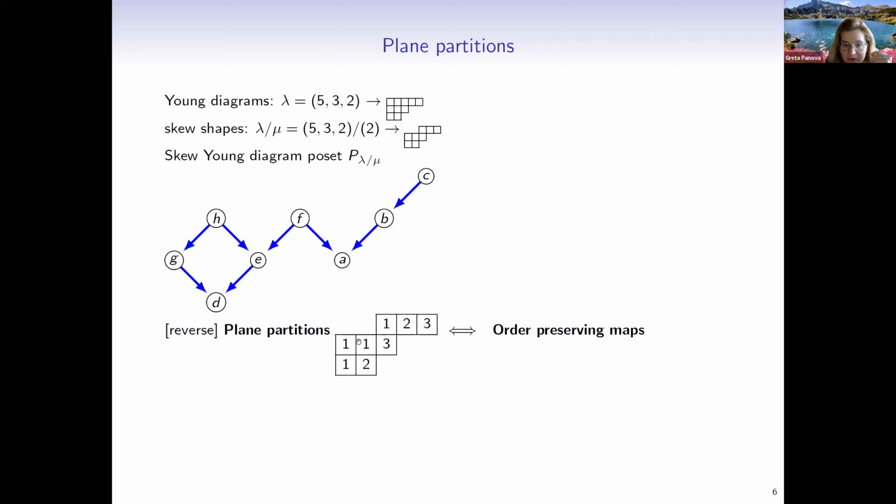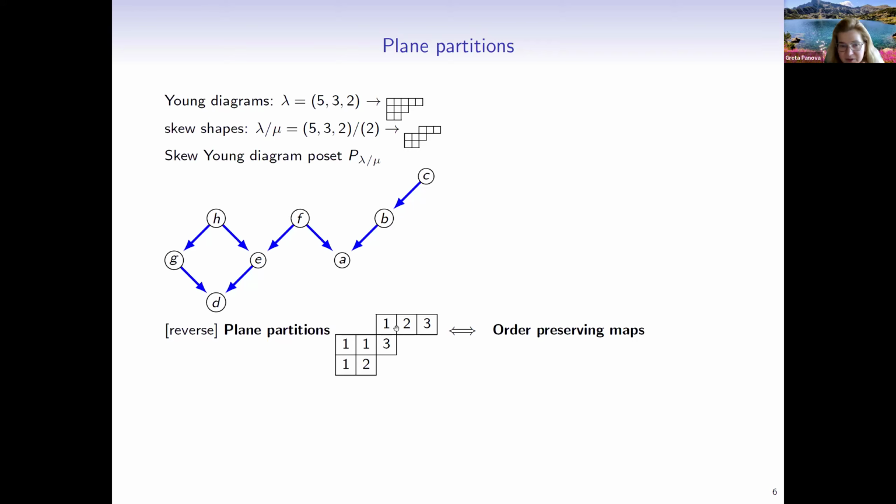So we are allowed to have repetitions, but the condition is that every column has the integers weakly increasing and every row has the integers weakly increasing. And implicit here, for example, is that this is a plane partition with entries between 1 and 3. So I get to choose what we put here as numbers.